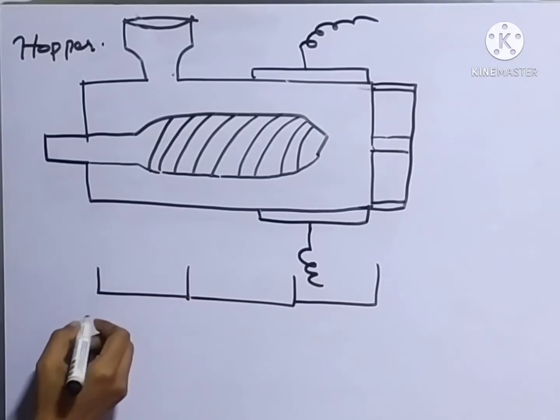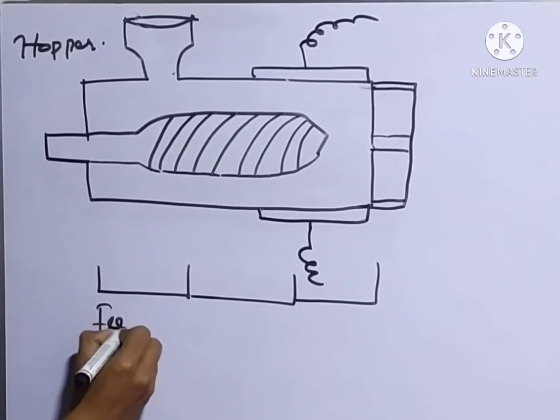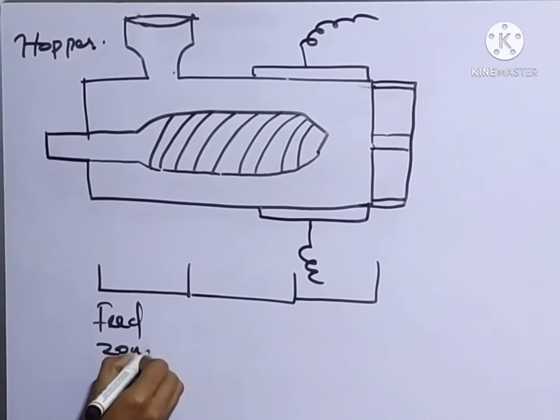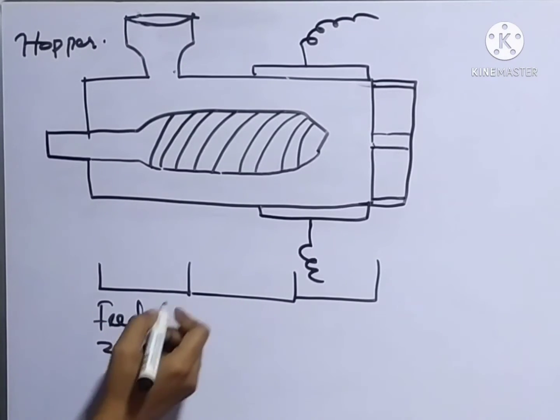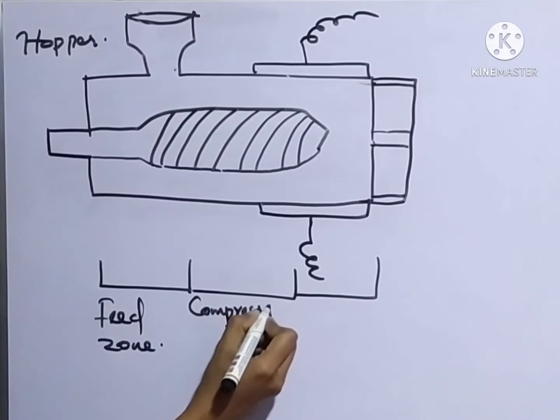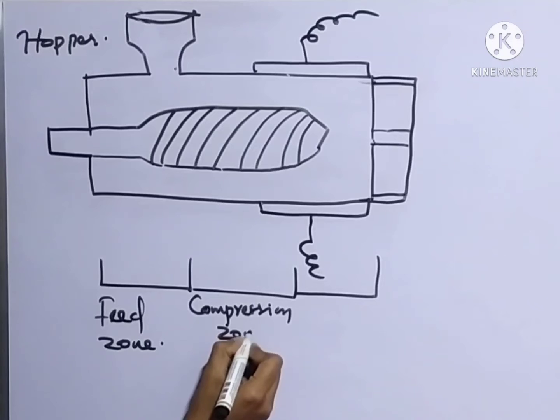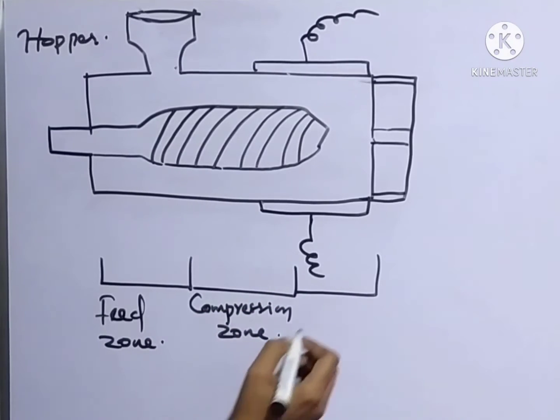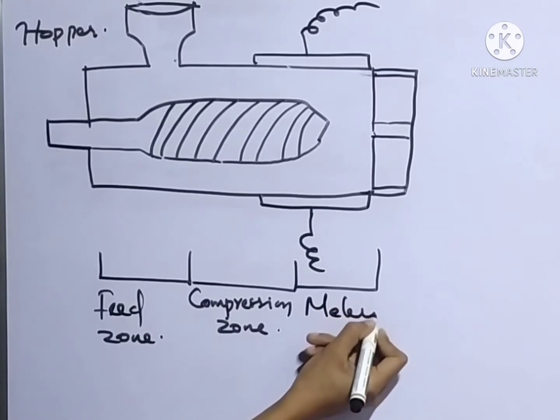The first one is the feed zone, the second one is the compression zone, and the third one is the metering zone.